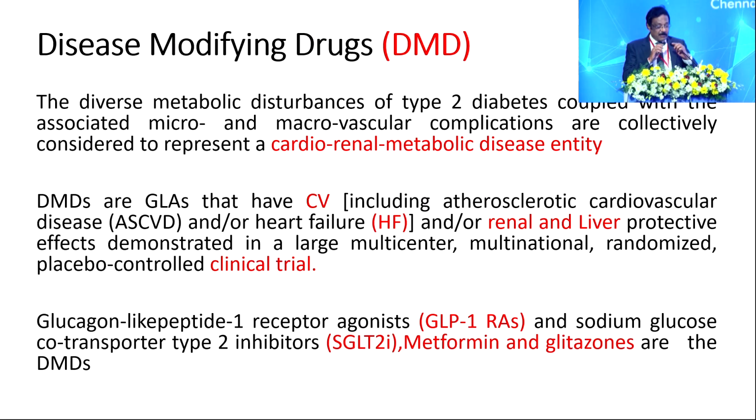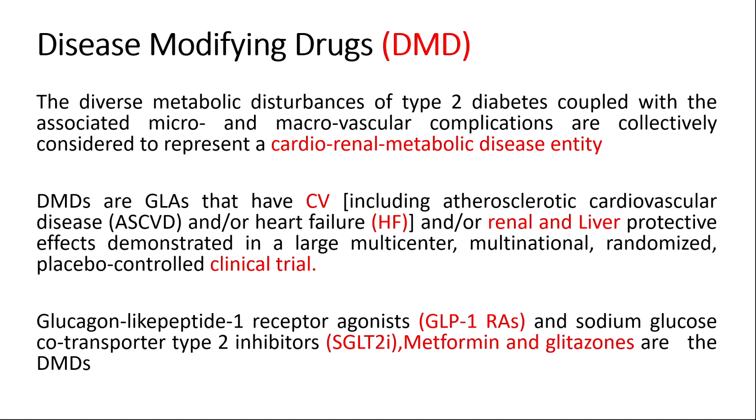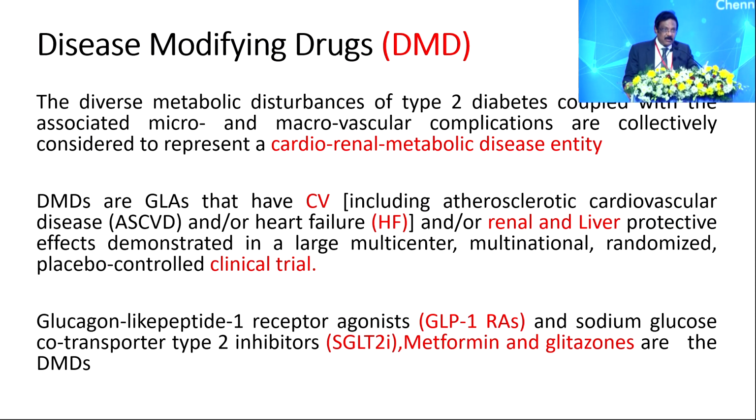The diverse metabolic disturbances in type 2 diabetes, coupled with the associated micro and macrovascular complications, are collectively called the cardiorenal metabolic disease in type 2, as Dr. Vijayakumar has properly told. The glucose lowering agents that have cardiovascular protection, a beneficial effect on heart failure, and renal and liver protective mechanisms are called disease modifying agents, well proven by multinational clinical drug trials.